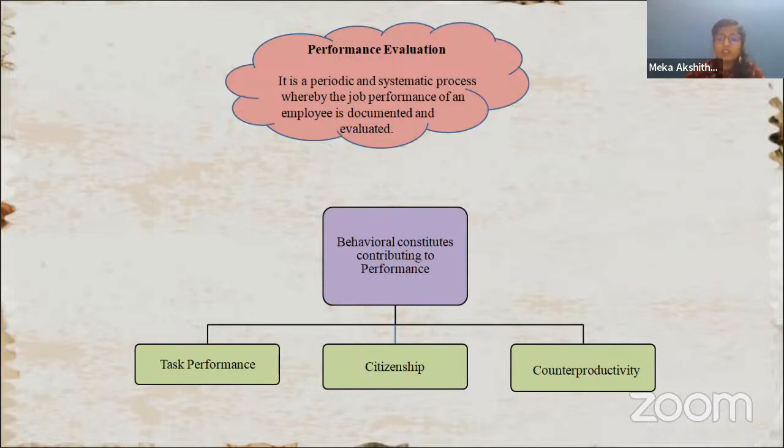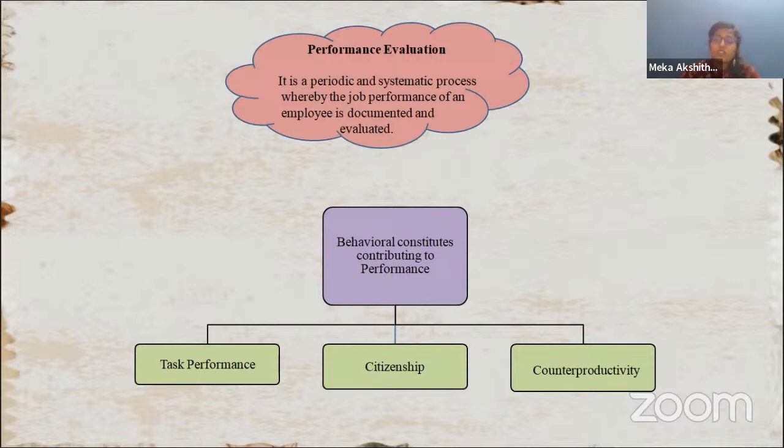That should be evaluated. So this performance evaluation is mostly based on three factors in an organization, that is task performance, citizenship, and counterproductivity. So when we are talking about task performance, how the individual is performing in a particular task, whether he or she is able to complete the goals and objectives given by the organization within the given period of time, or he or she is not able to even after completing.